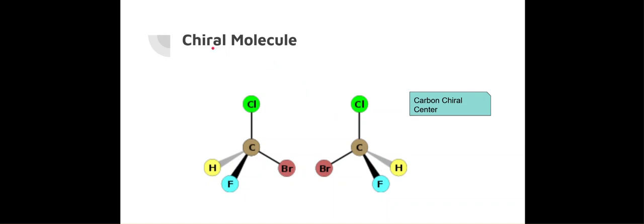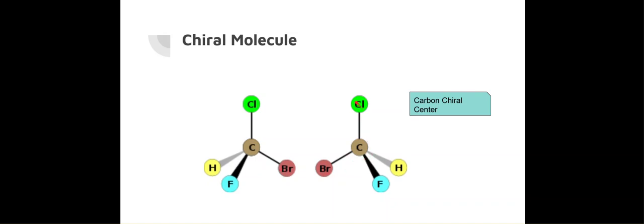For a chiral molecule, for purposes of this class, we're going to be focused on carbon. The general rule that we're going to use is that for carbon to be chiral, it has to be bonded to 4 different things. So here we have an example of a carbon that's got a chlorine, a hydrogen, a fluorine, and a bromine.